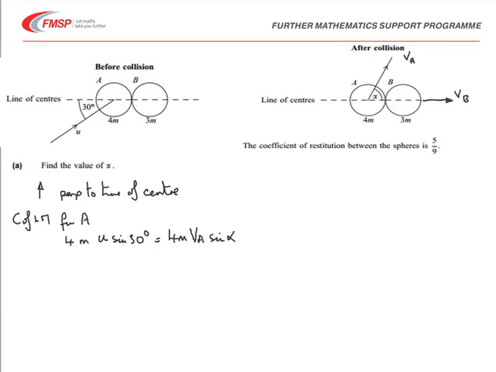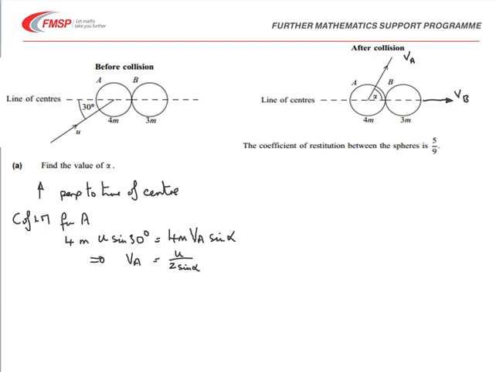We can rearrange that to give us that VA, if we use sine 30 degrees as a half, is equal to u divided by 2 sine alpha. So that gives us one equation to work with.